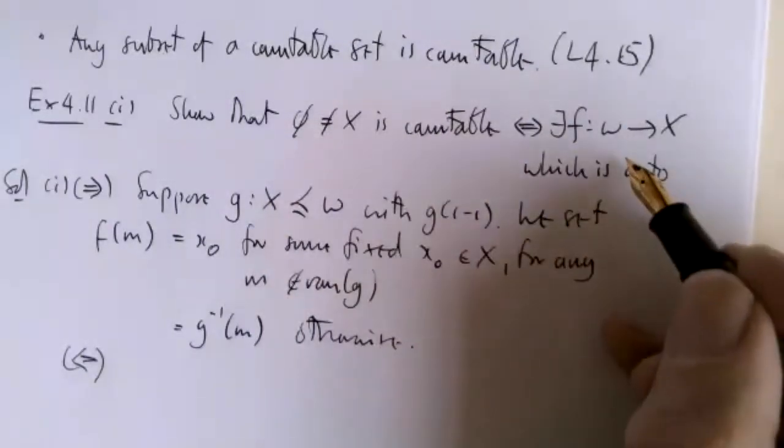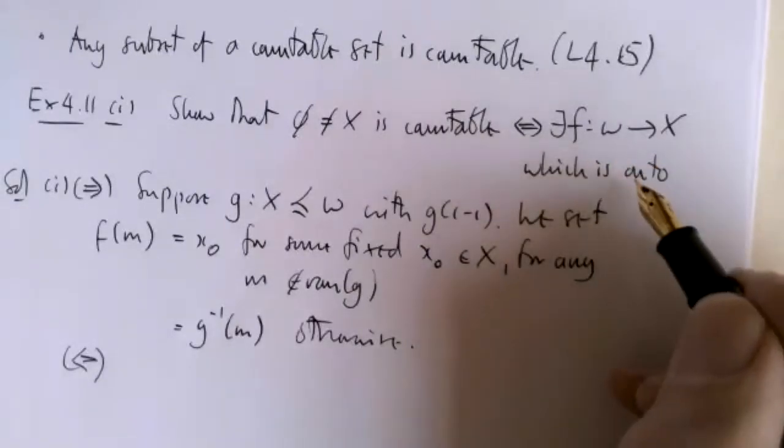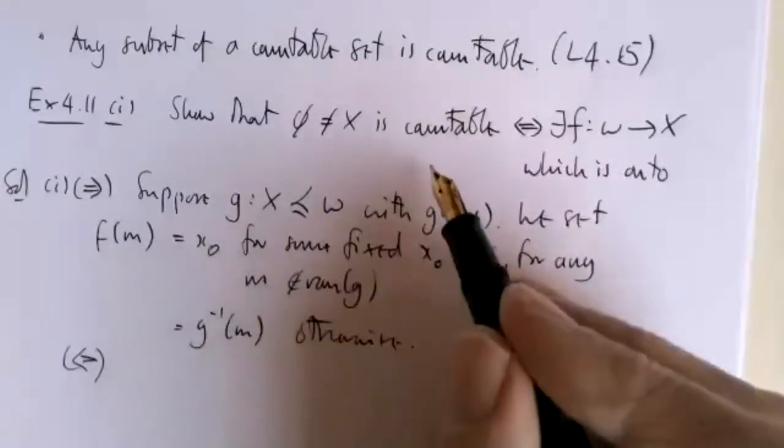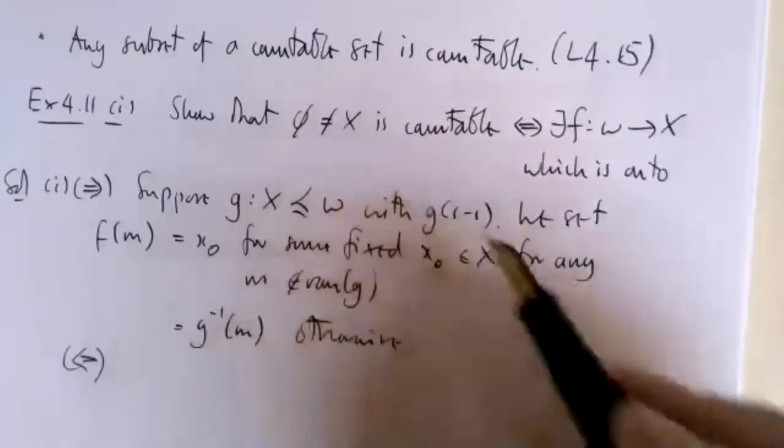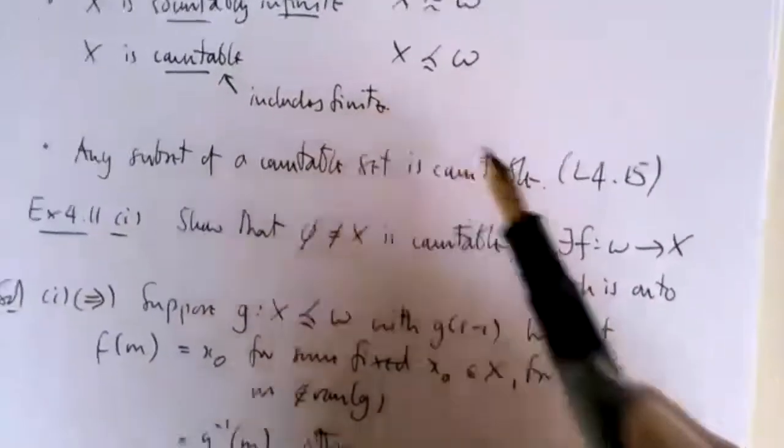So now we want the reverse direction. There's an onto map, and we need to show that that means that X is countable. So again, going back to the definition, I need a 1-to-1 map going back.